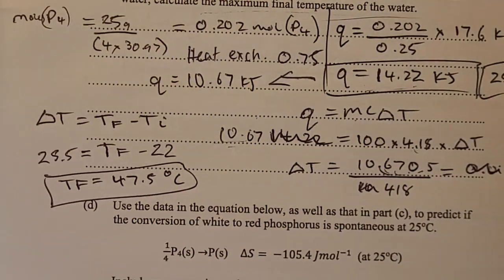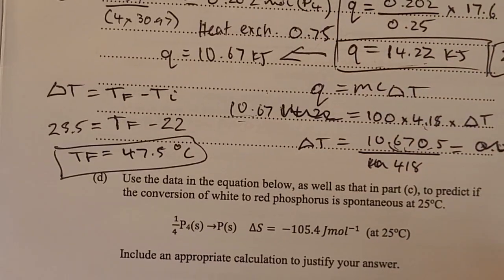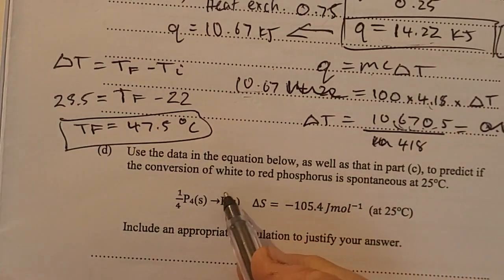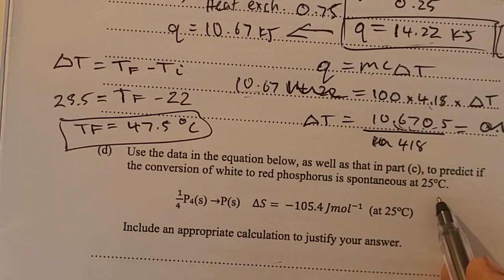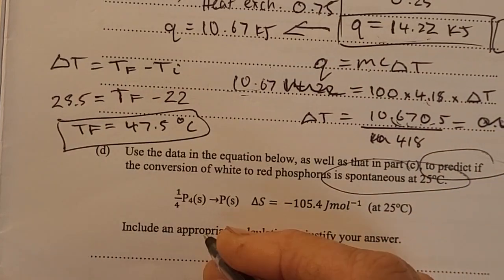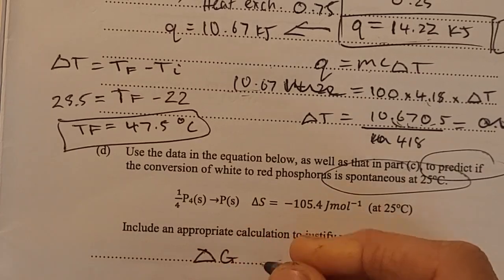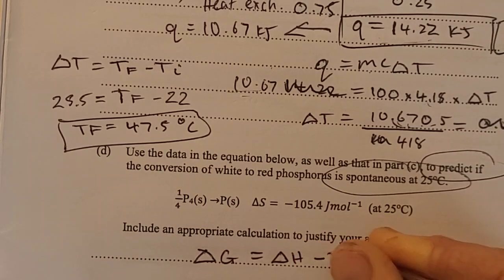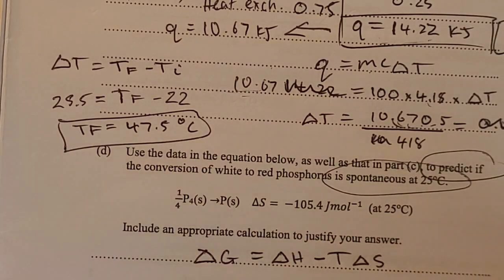All right, use the data in the equation below to predict if it's spontaneous. So this is a Gibbs question. Write the equation. Let's just start off there before you even think of anything else. Delta G equals delta H minus temperature times delta S. Where do we get this from?